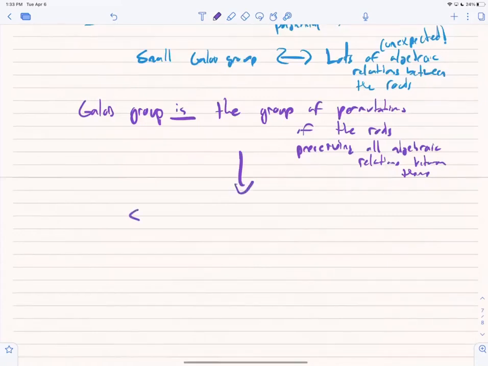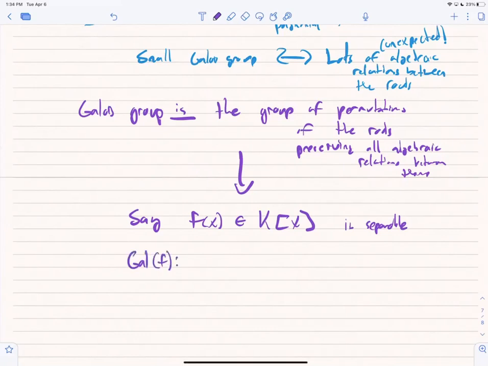So say f of x, now let me work over just an arbitrary field K. And let me just take a separable polynomial. It's not so important that this be separable, but let me just take a separable polynomial. And then look at the Galois group of f.